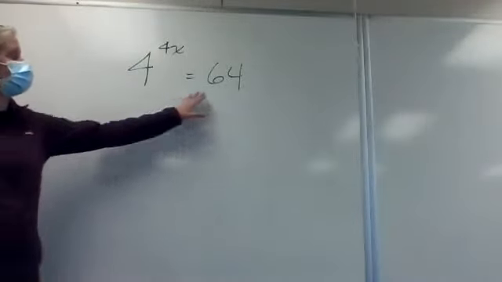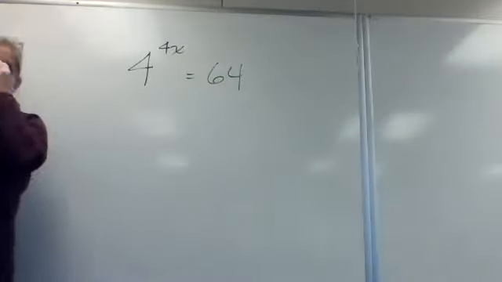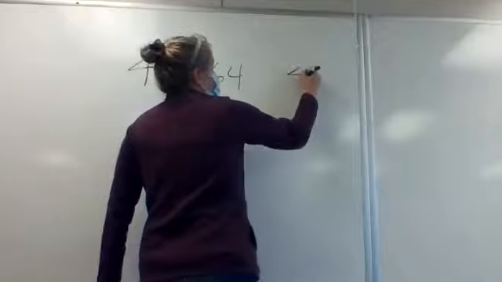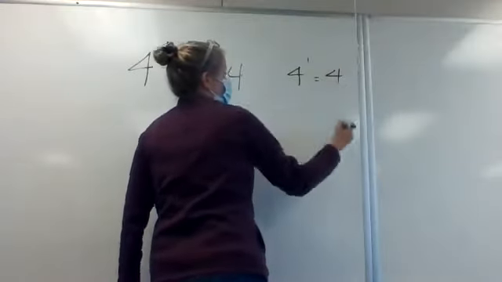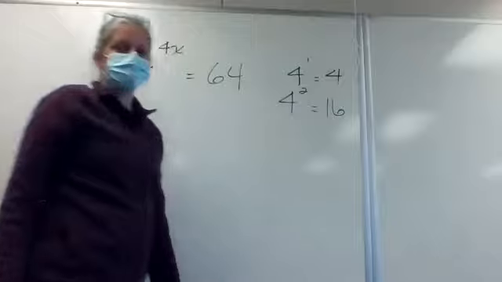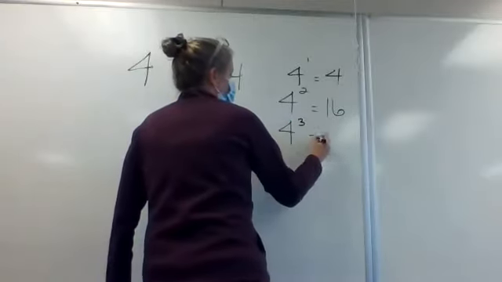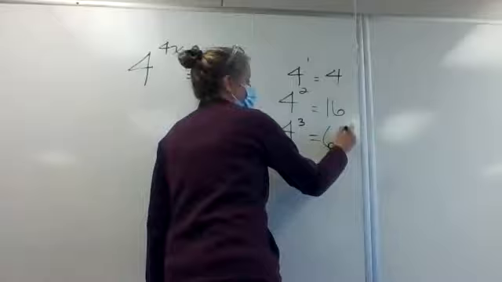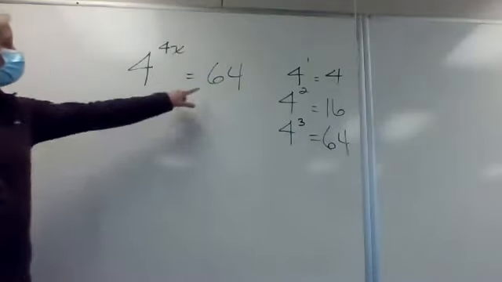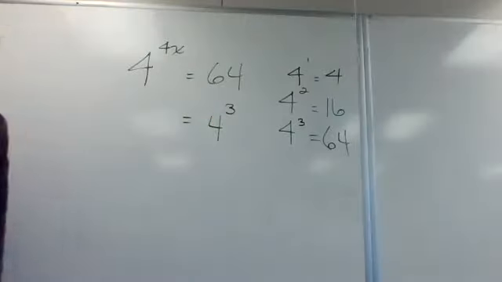Again, I'm going to try to rewrite the right side with a base of 4. 4 to the first is 4, 4 squared is 16, and 4 to the third power does give me 64. So I'm going to rewrite 64 as 4 to the third power.